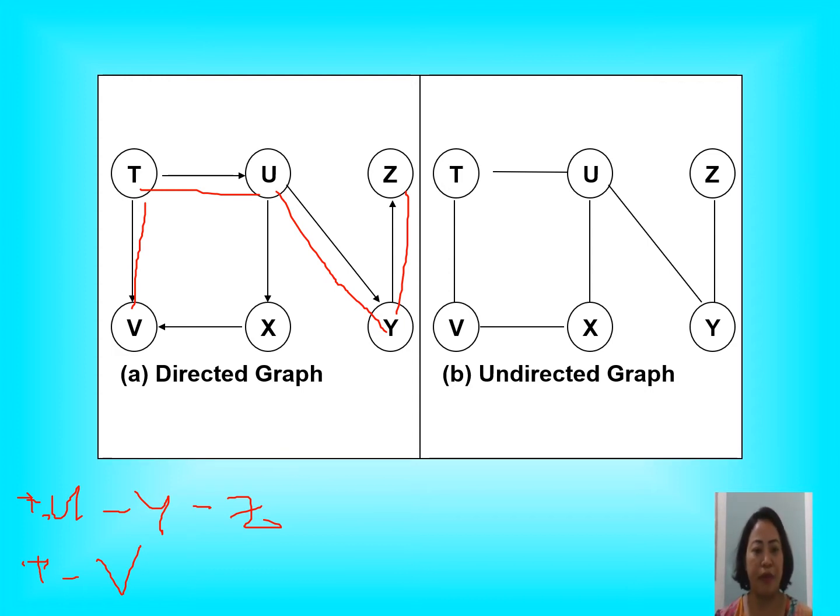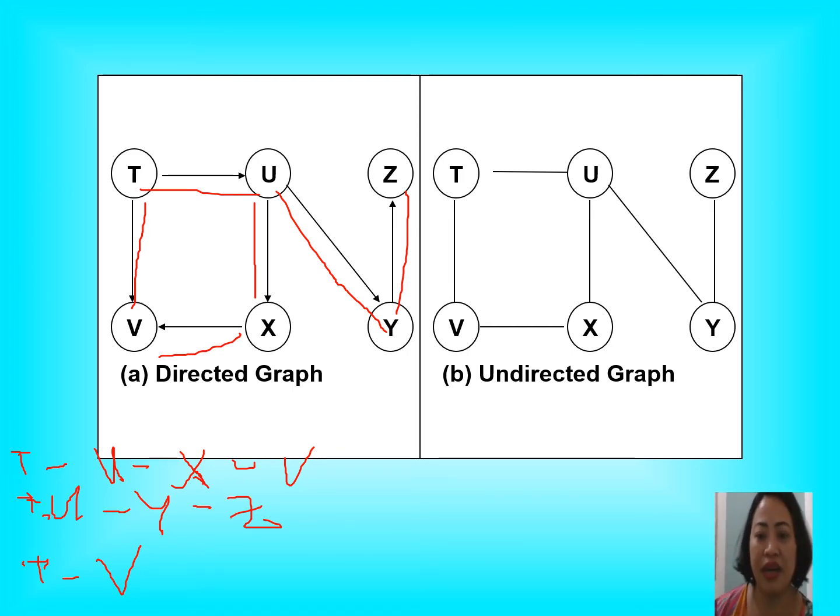Or we could have another path from T, from T to U to X, and then to V. So we have three different paths from vertex T.